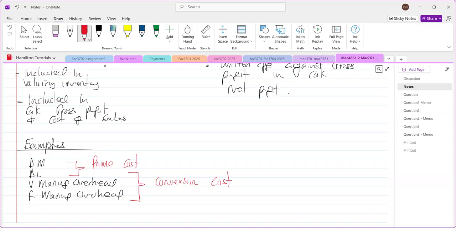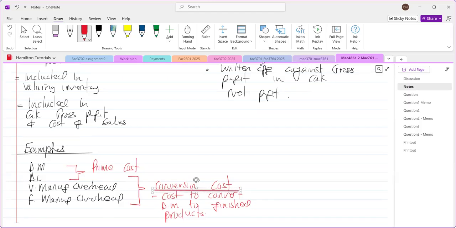So this is the cost to convert direct material to finished products. Remember, if you bring direct material into the factory, you will apply the labor and the overheads in the factory to bring the products to completion. Those are what we call the conversion costs.